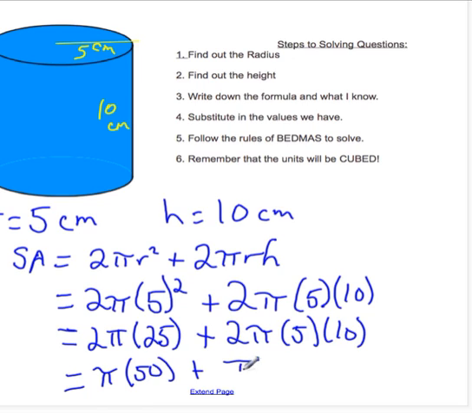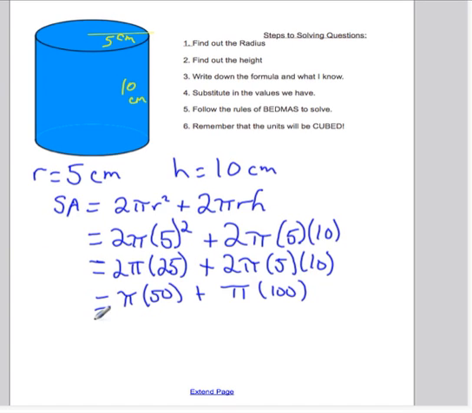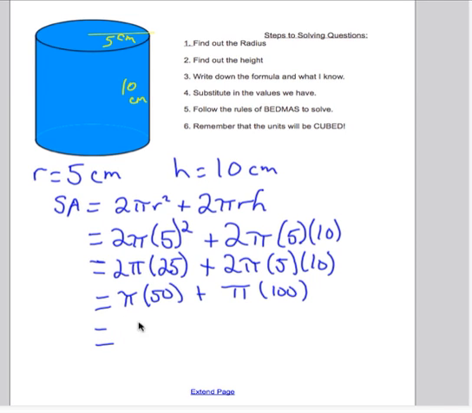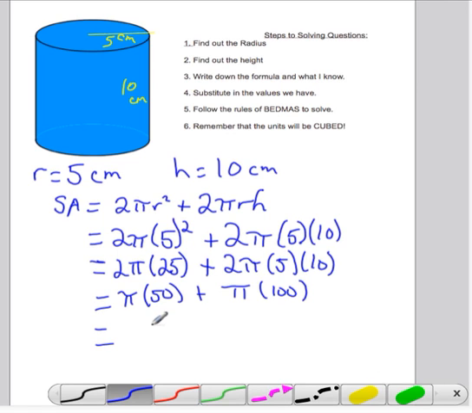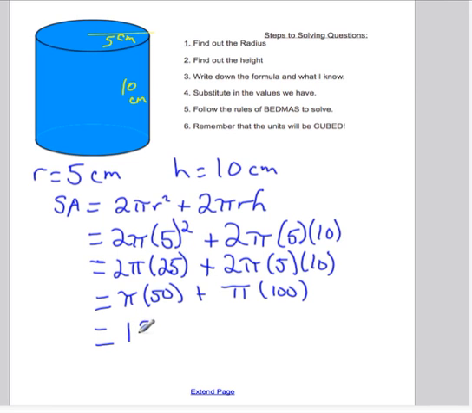So then it's plus pi times 100. And now I can do pi times 50, which is 157. I'm going to add to that pi times 100. Well, 3.14 times 100 is 314.